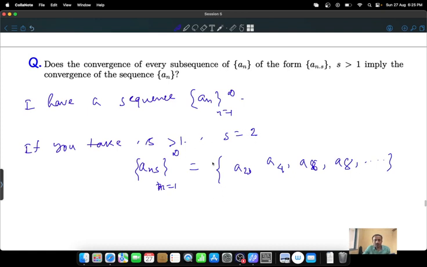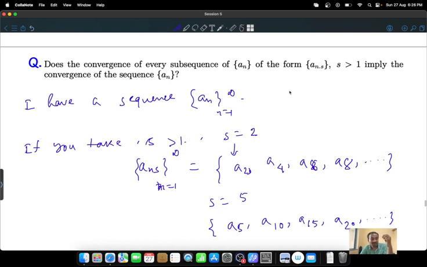If s equals 5, then you get a5, a10, a15, a20, in this way, and this is true for every s. So the question says a_n is a sequence such that all subsequences of this form a_ns are convergent. Now can you conclude whether the original sequence is convergent?